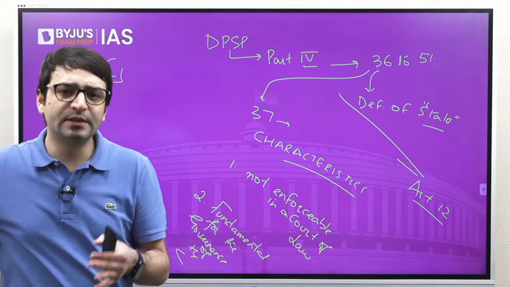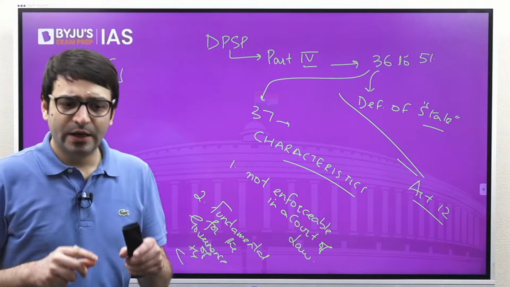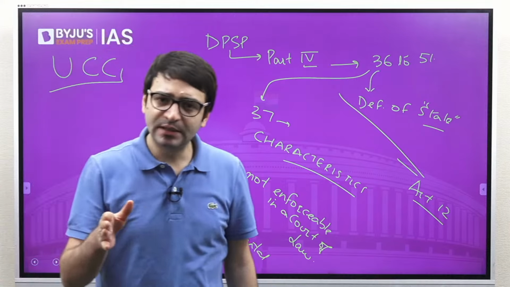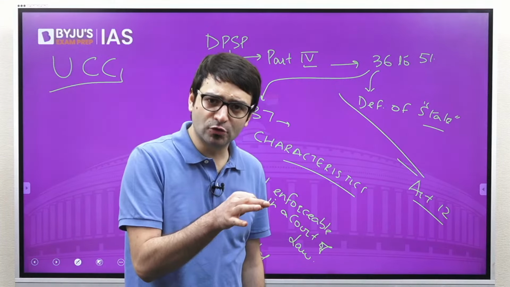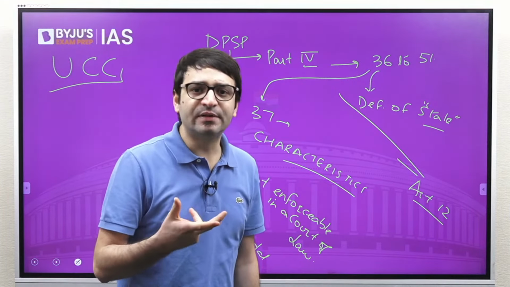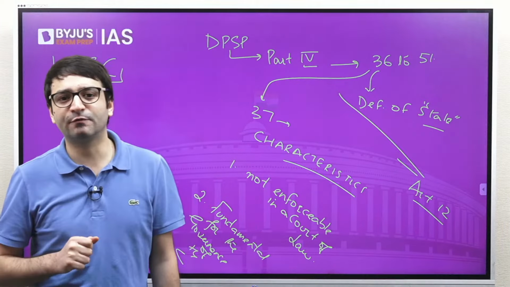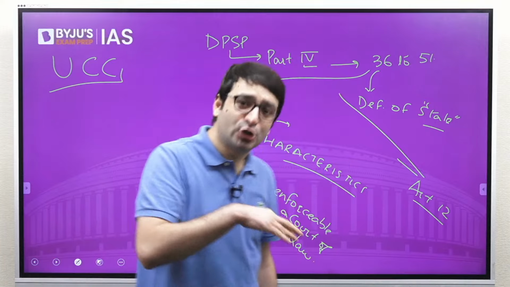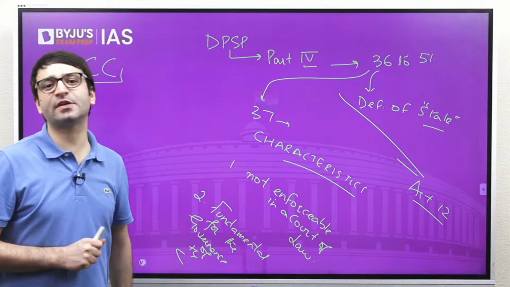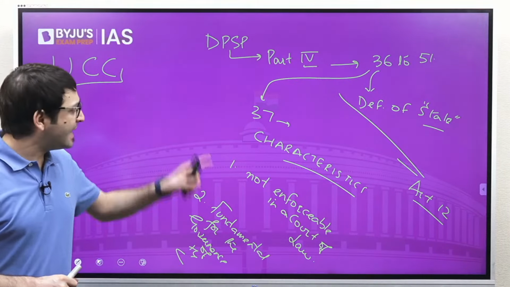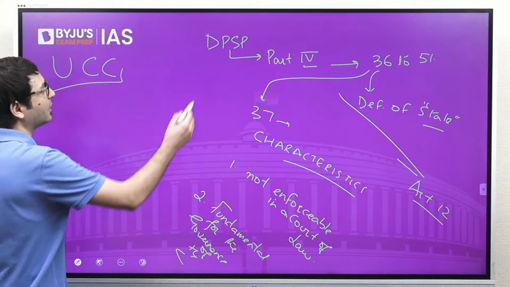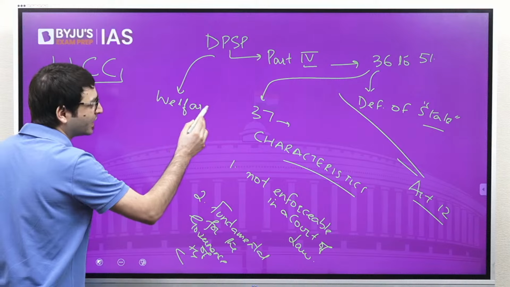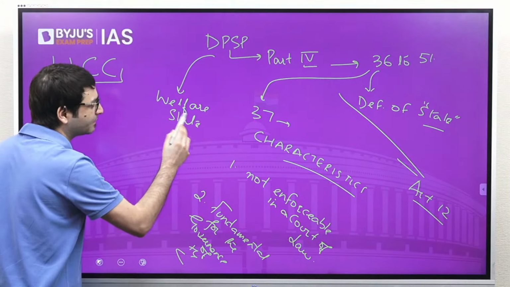So Article 37 talks about two important characteristics of DPSP. One, they shall not be enforceable in a court of law. But two, nevertheless, they are fundamental for the governance of the country. It shall be the duty of the state to implement these directive principles of state policy. And the primary objective of these directive principles is to create a welfare state.